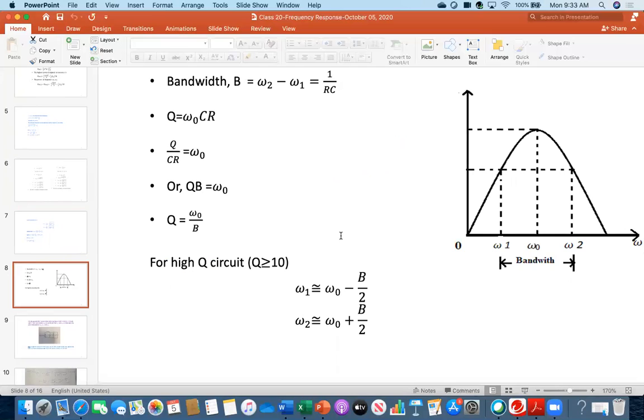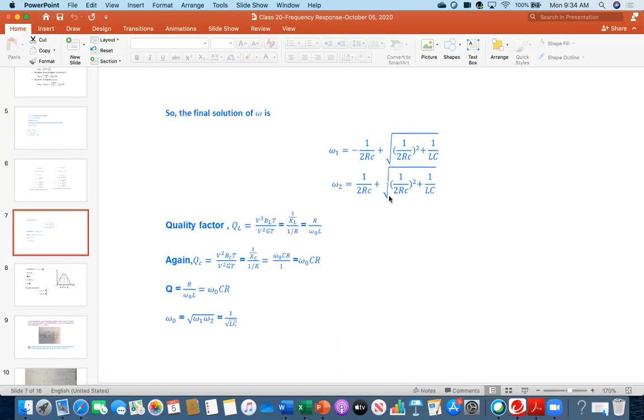So everybody is fine? Do we have one for a lower Q circuit? Sorry? What do we do if it is a lower Q circuit, like if it is less than 10? Then we will definitely use these two. Yeah, this is the original expression. Because this is a little bit long, sometimes it is difficult to remember.